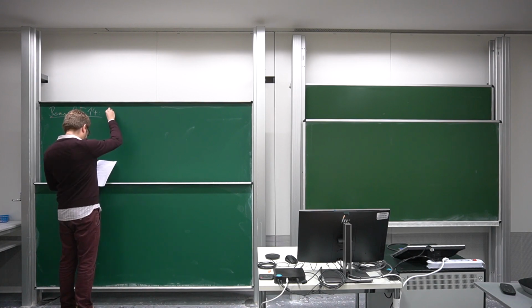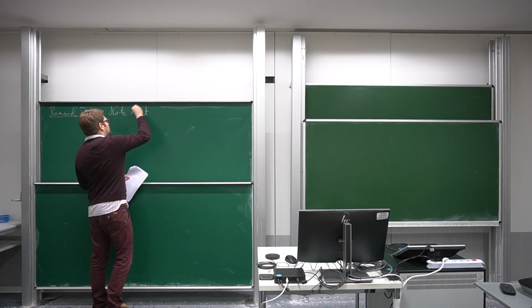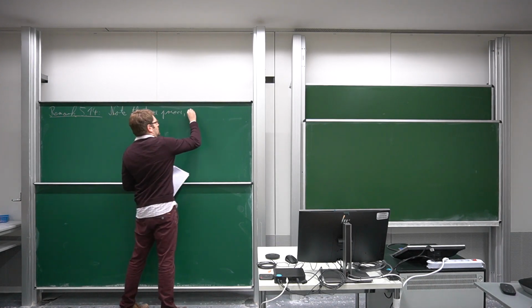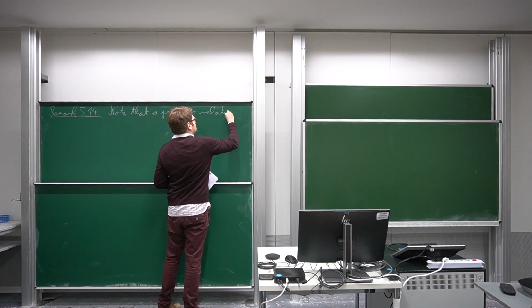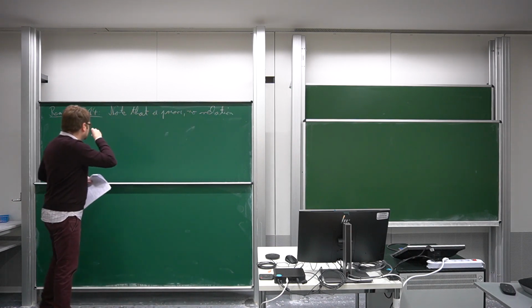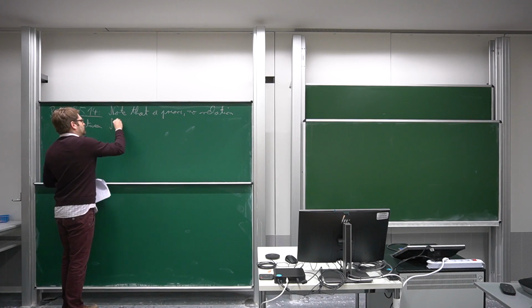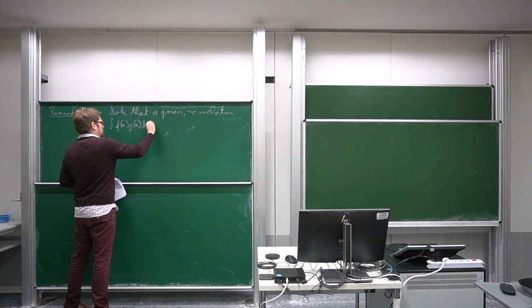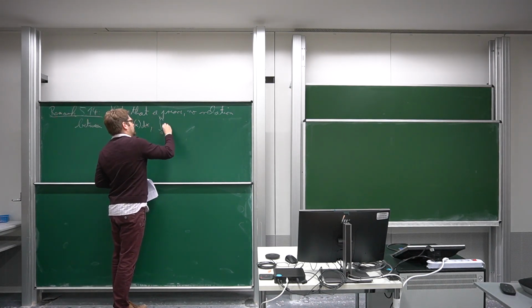So in general, let's say a priori, there's no relation in general between the integral of the product f of x g of x dx, so between these values here, the integral of f and the integral of g.